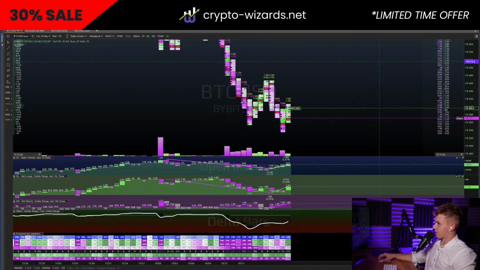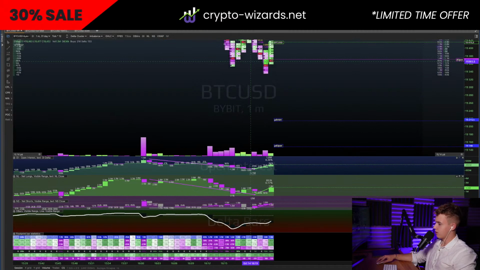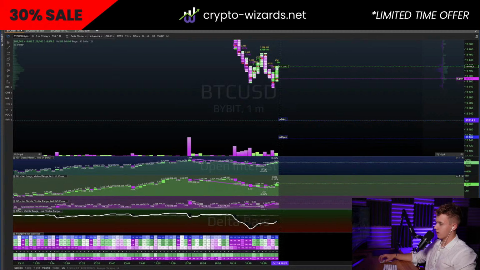Okay, guys, so the purpose of the stream, that was the short, which we finished already. Currently getting that bounce from the daily open. I'm seeing some demand down there, but I would specifically be looking down to the 19,200 area.